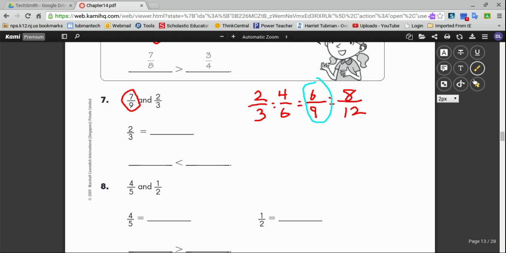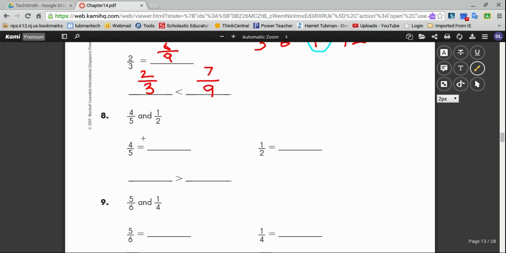So 2/3 is equal to 6/9. And when I compare those two, I know that 7/9 is bigger. So that means 7/9 is bigger, and 2/3, which is the same thing as 6/9, is smaller. So 2/3 is less than 7/9.